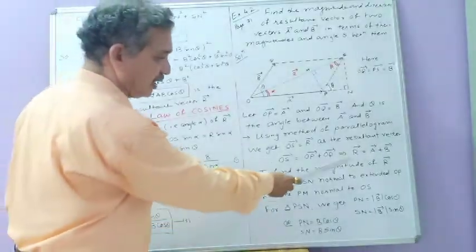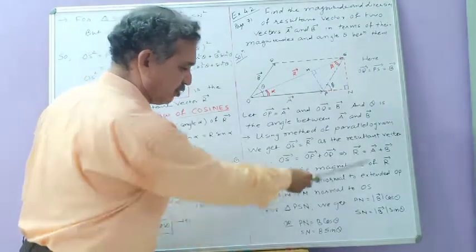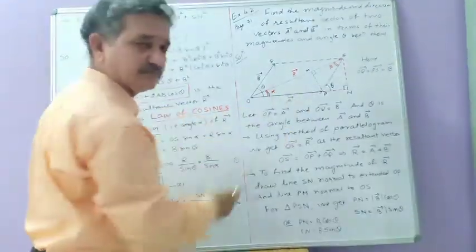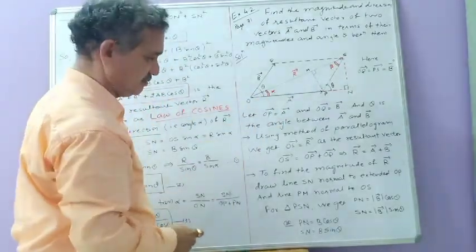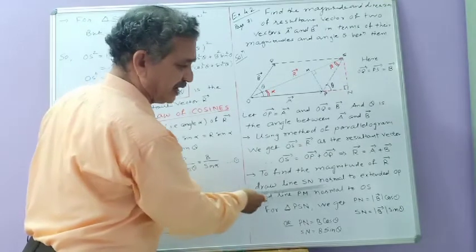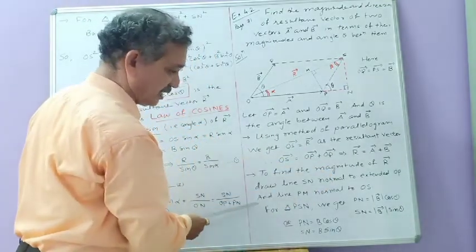Now we have to determine the magnitude of this vector R. To find it, we draw one more line SN, perpendicular, or you can say normal, to the extended line OP.